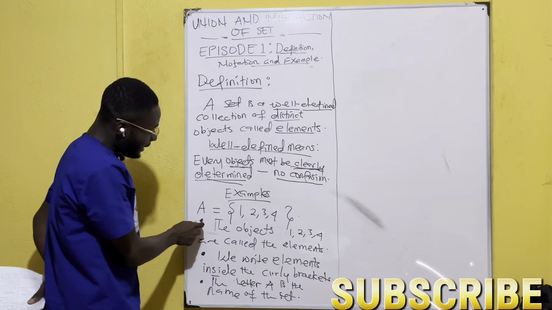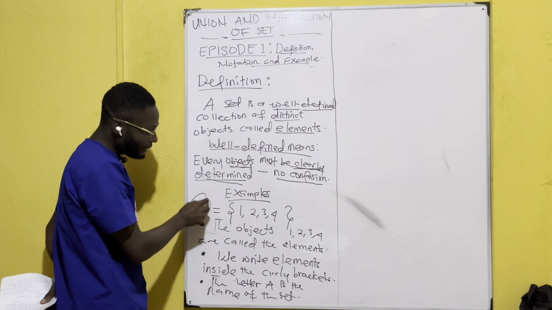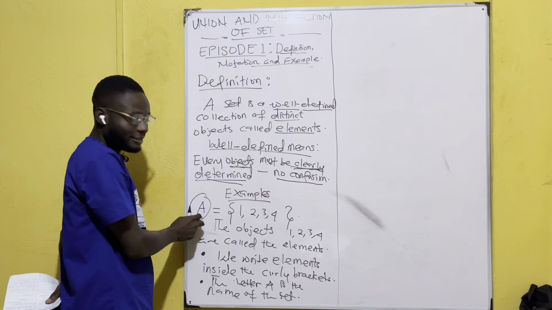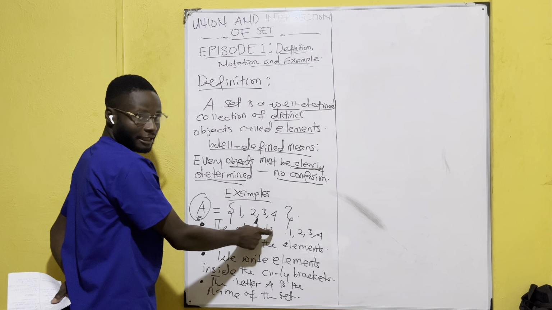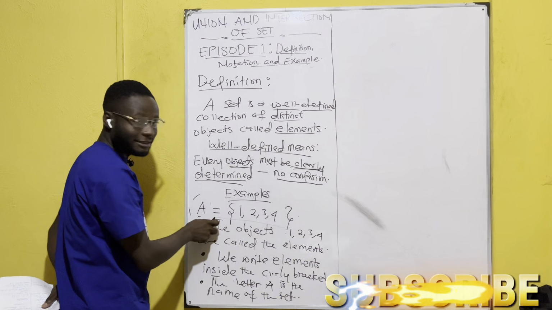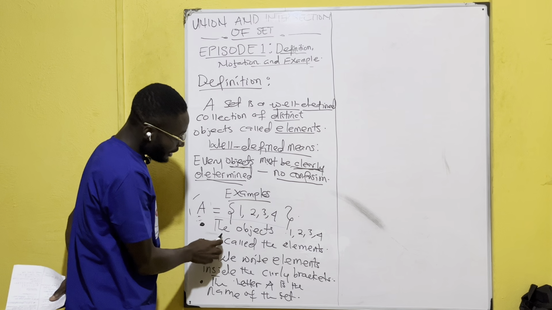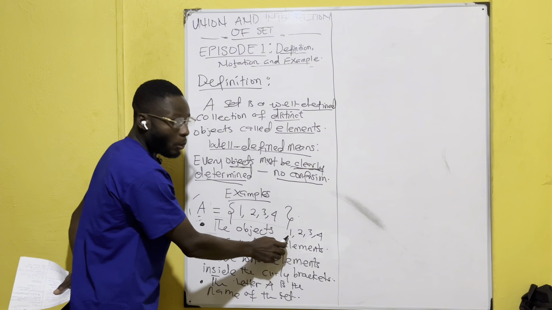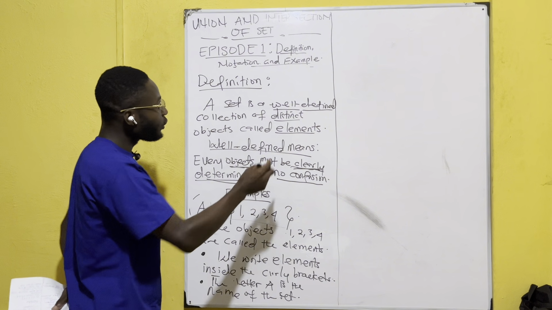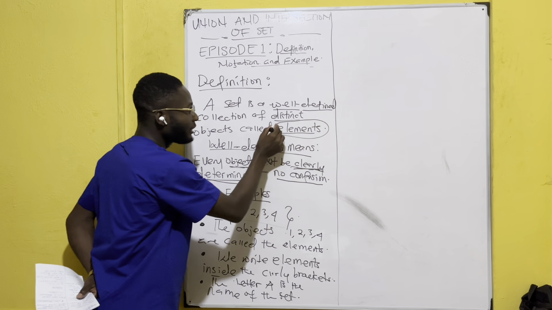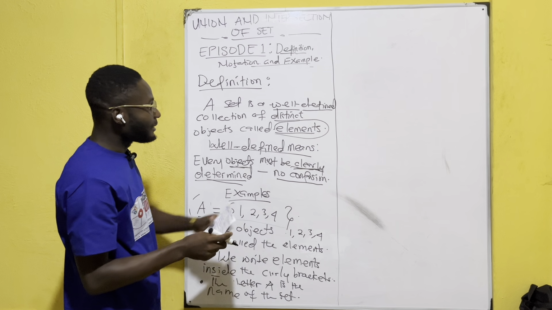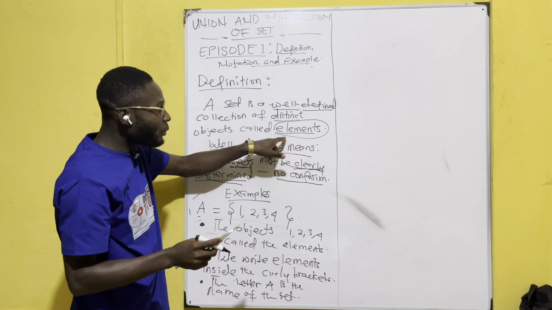So the symbol A you see right here is the name of the set. We call it set A. Now, the objects 1, 2, 3, 4 are called the elements, the key word here.